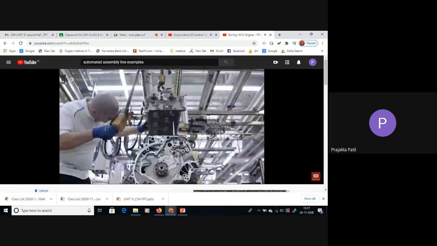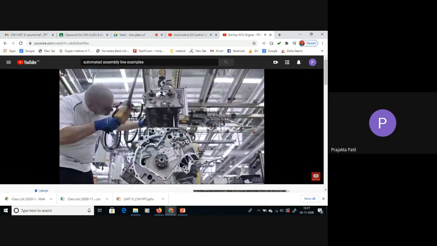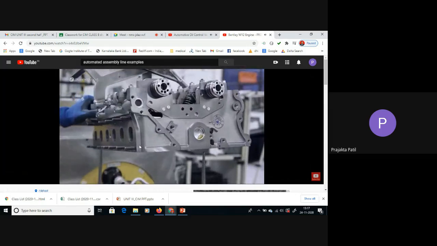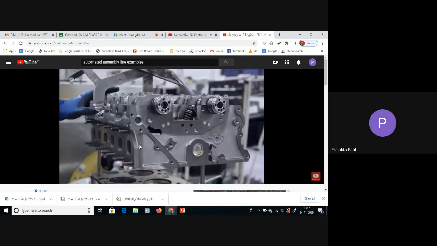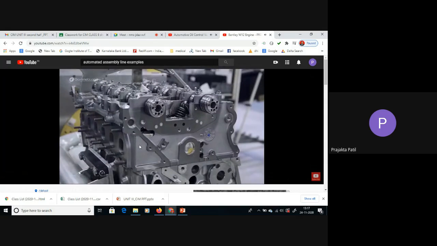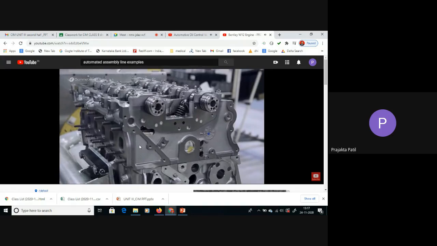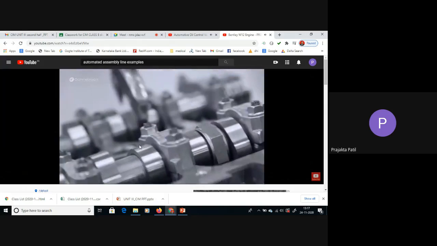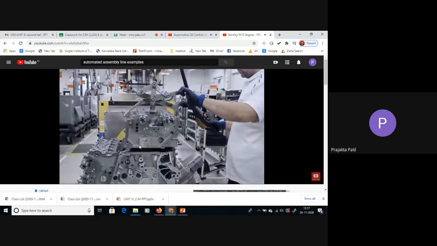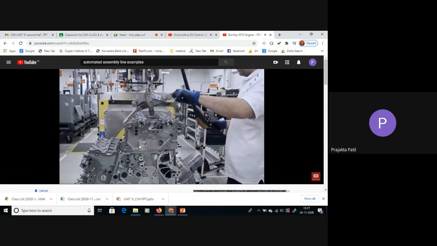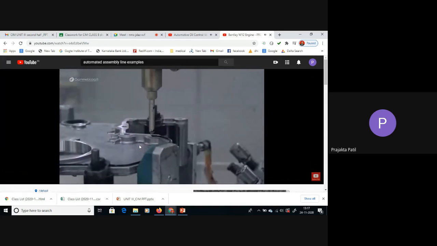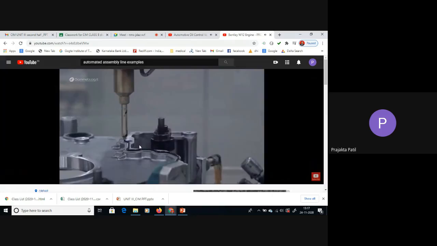So this is all an assembly operation itself. You can say this is like semi-automated. Material handling has to be done by these powered conveyors, overhead trolleys, and see, this is automated.